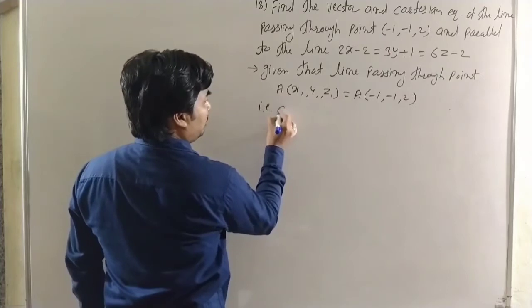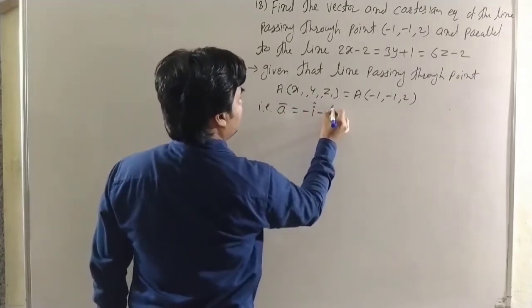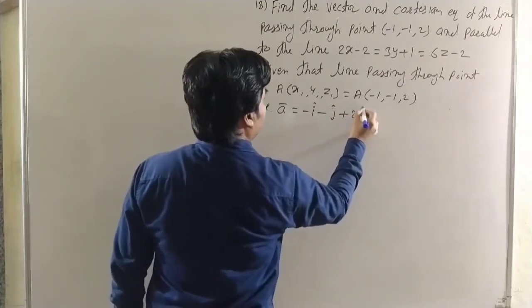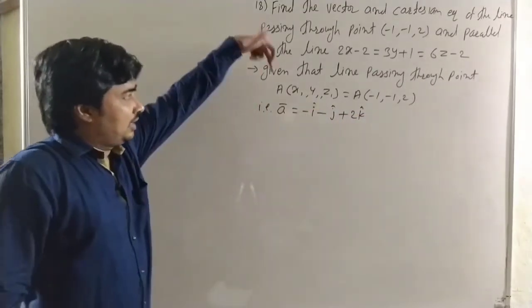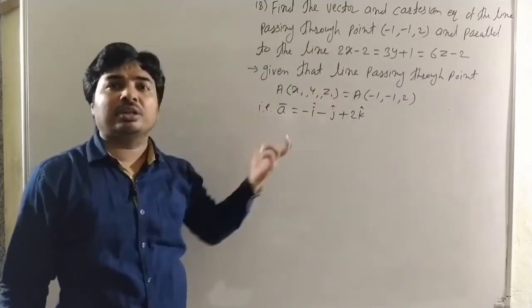The position vector is a bar is equal to minus i cap minus j cap plus 2k cap. This point is used for the Cartesian equation, and this position vector is used for the vector equation of the line.